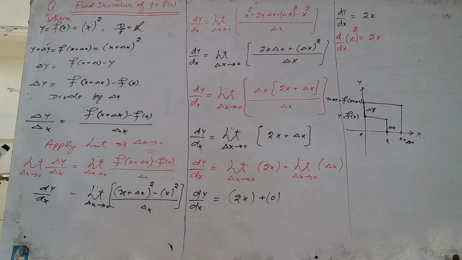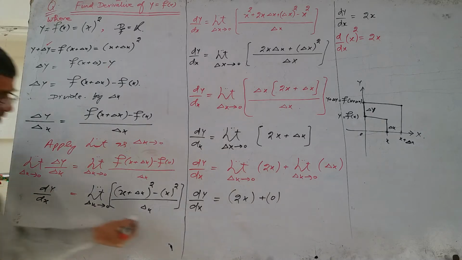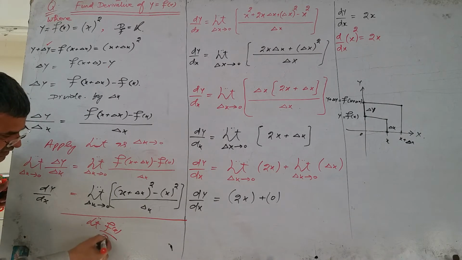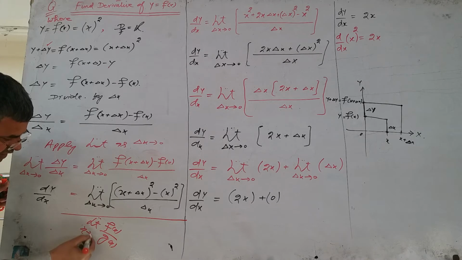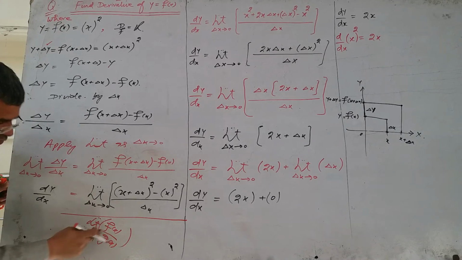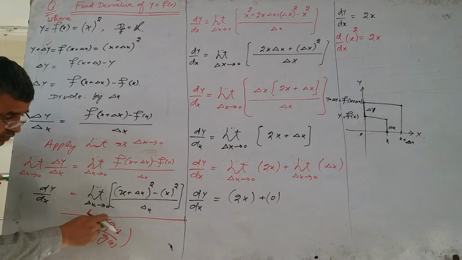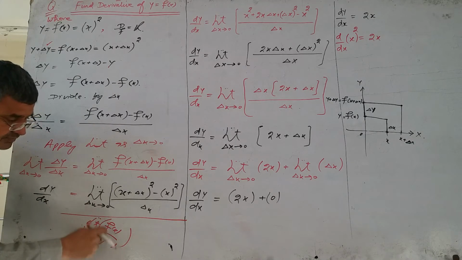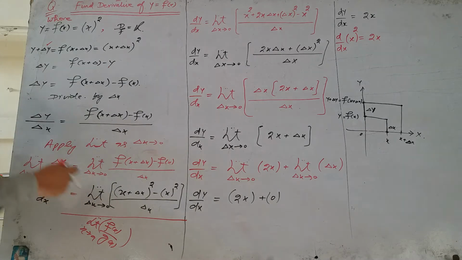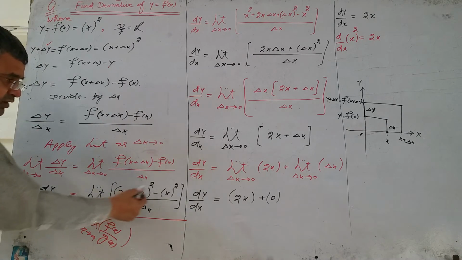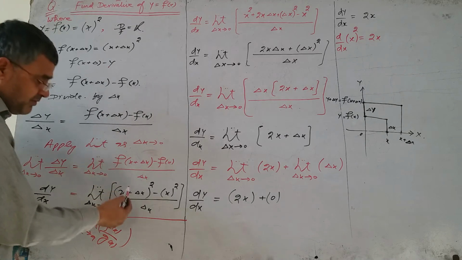That is, when the function is in the form of f of x divided by g of x and we have to apply the limit, first we have to write the simplest form of this function.